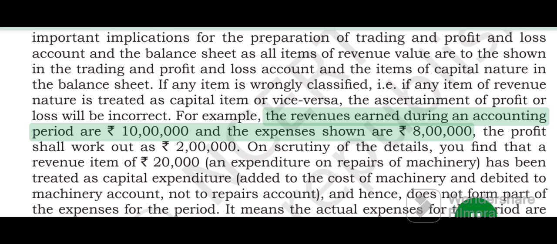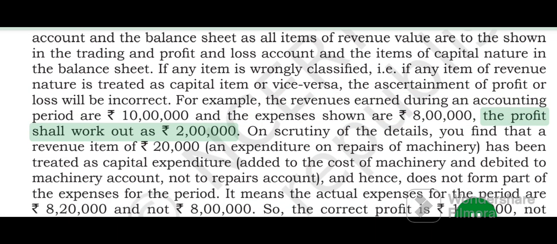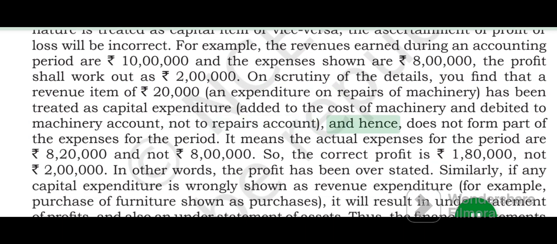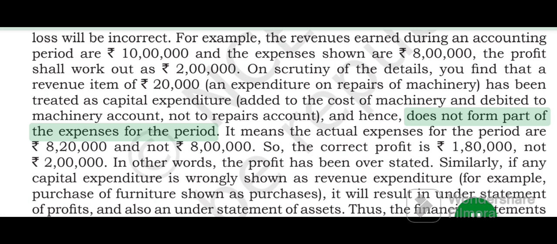For example, the revenues earned during an accounting period are $1 million and the expenses shown are $800,000, so the profit works out as $200,000. On scrutiny of the details, you find that a revenue item of $20,000, an expenditure on repairs of machinery, has been treated as capital expenditure, added to the cost of machinery and debited to machinery account, not to repairs account, and hence does not form part of the expenses for the period.